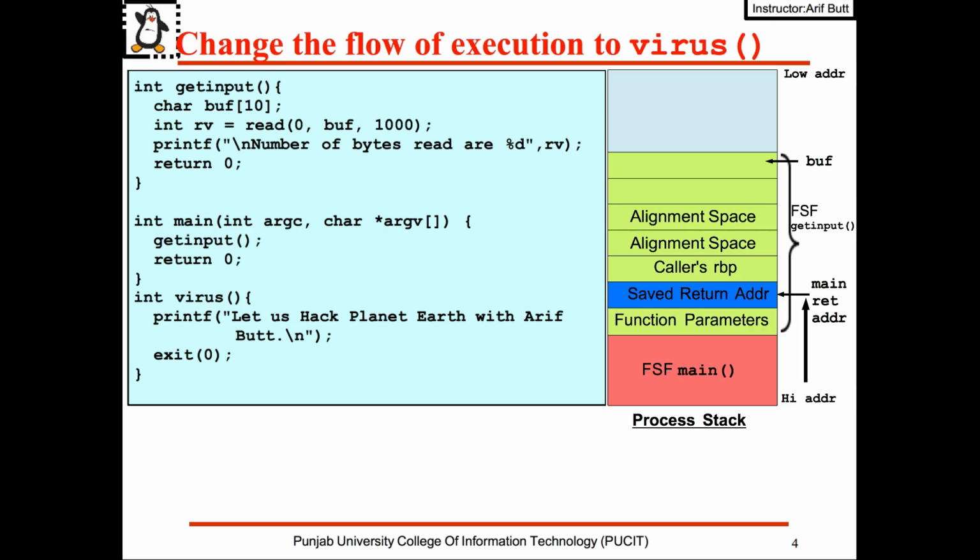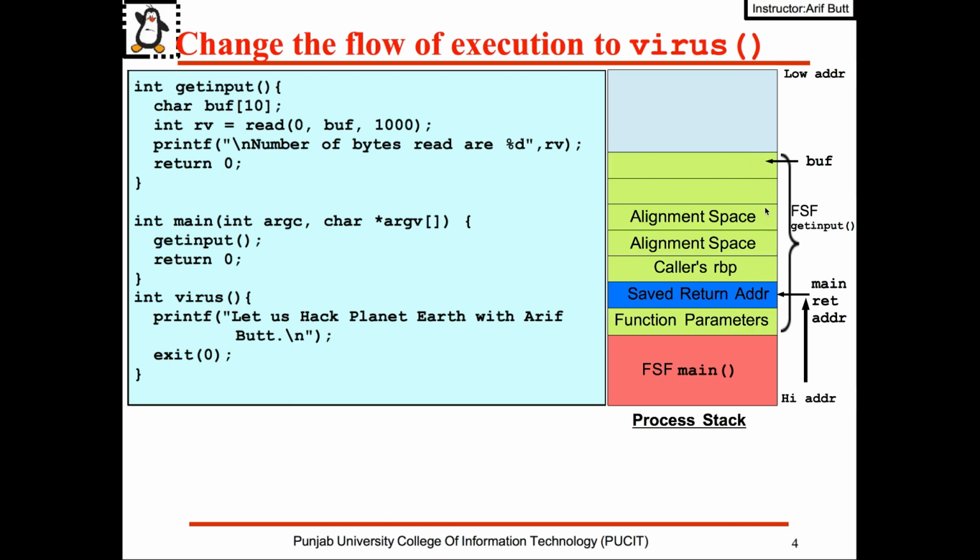Also note the space created for this buff, and this buff is of almost 10 bytes if we ignore the alignment space. Also note that the stack grows from higher addresses to lower addresses, but any writing in this buffer will be carried out from this lower address to the higher addresses.